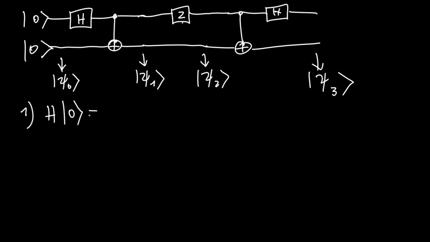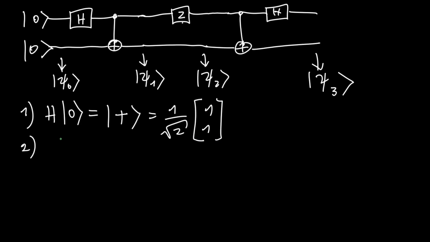Hadamard to 0 is plus, which is 1 over square root of 2, and then 1.